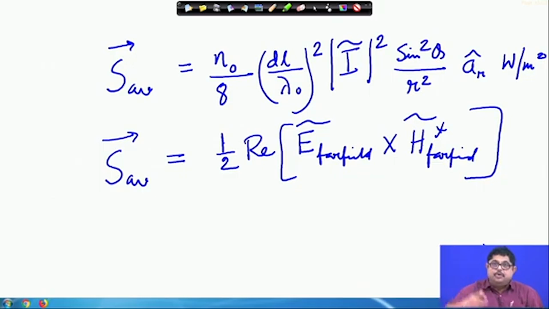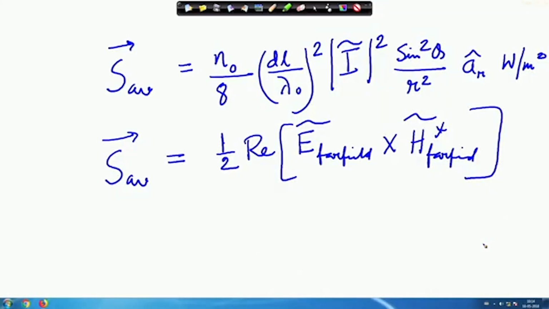Reactive power does not flow, but real power flow is contributed by the far field. That is why from the very beginning we have separated them. That means, at a certain distance from the antenna, whatever fields dominate are important, they carry power, others do not carry any power. So, far fields are the vehicle for transportation of energy.